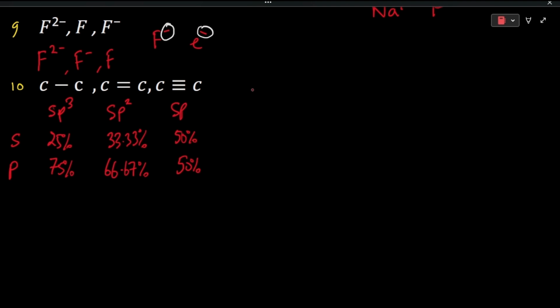So I'm going to put the order of increasing electronegativity as follows. So that is the order of increasing electronegativity values. And if we were asked to put them in order of decreasing electronegativity values, the opposite would have been the case.